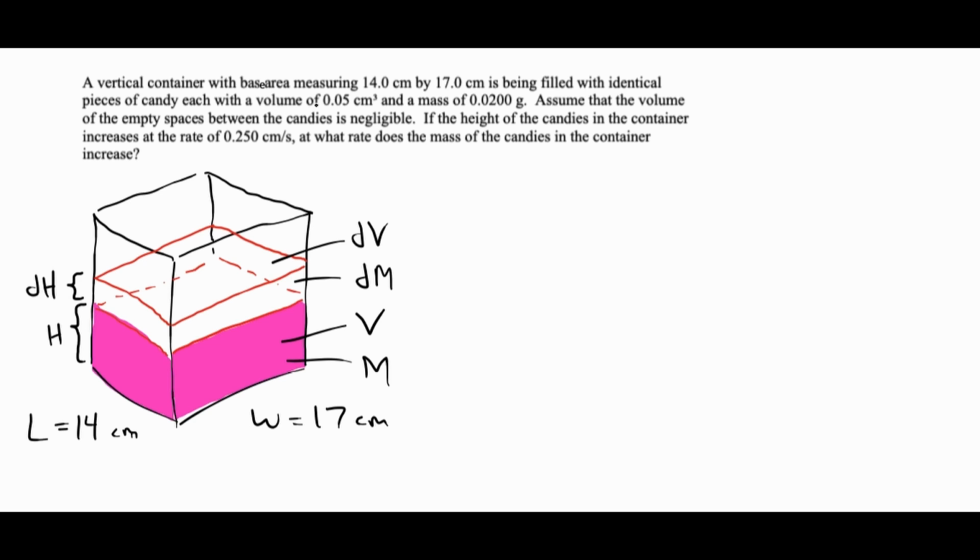Now, they say that candies have a volume of 0.05 centimeters cubed and a mass of 0.02 grams. So from science, we always have this density formula. A lot of times that's useful in our problems, that density is given by a mass over a volume.